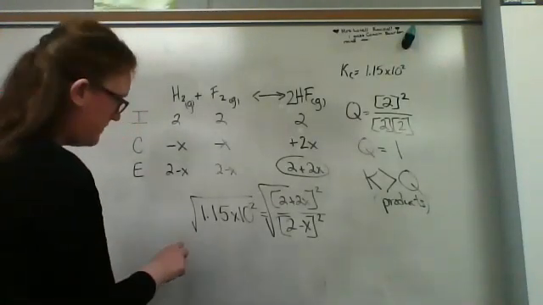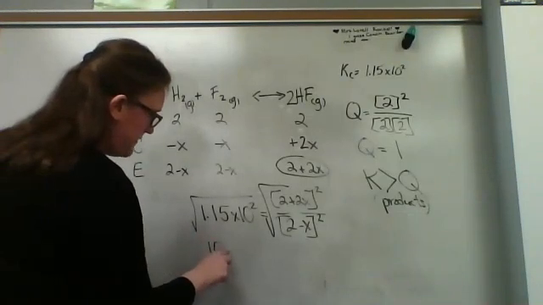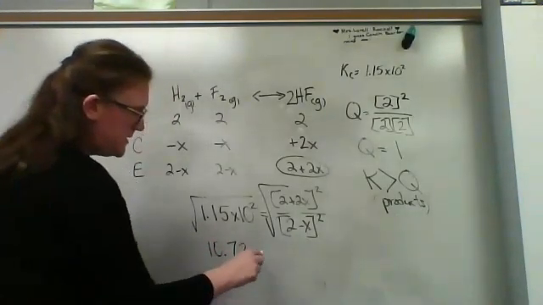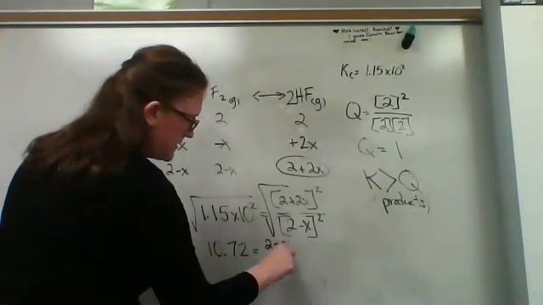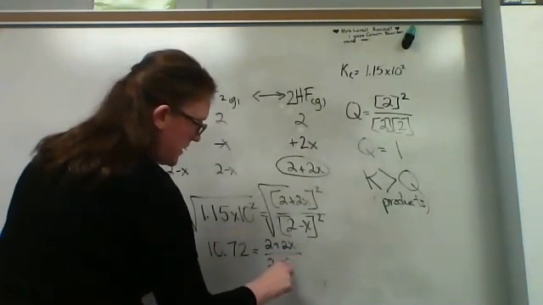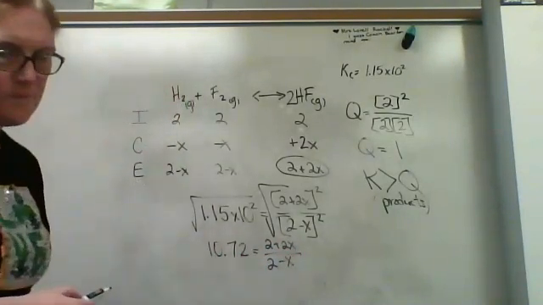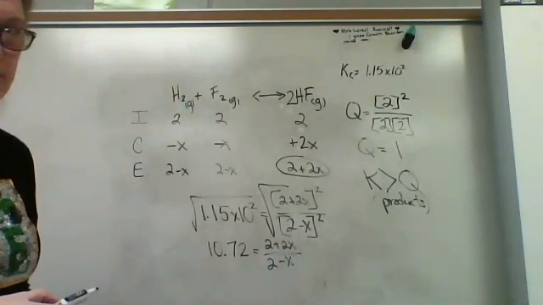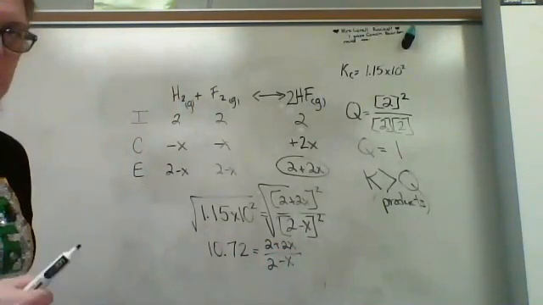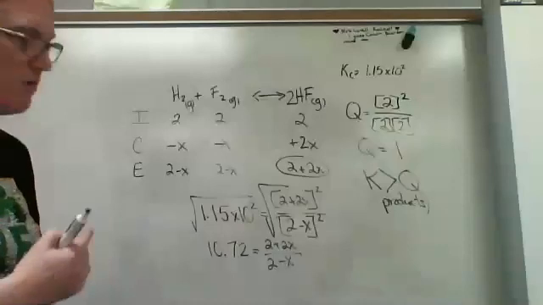So 10.72 is equal to 2 plus 2X over 2 minus X. And then you're just going to do your math and start to solve for X.